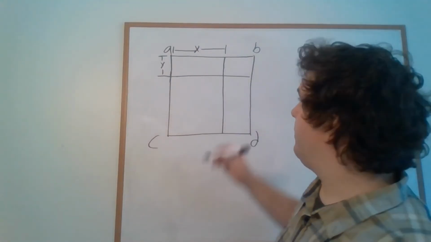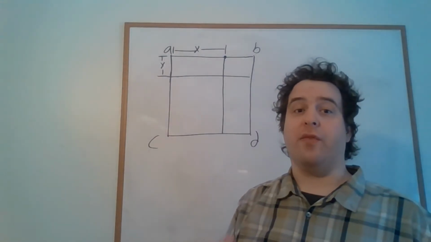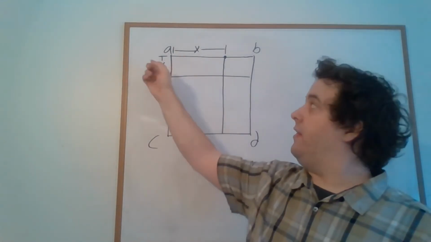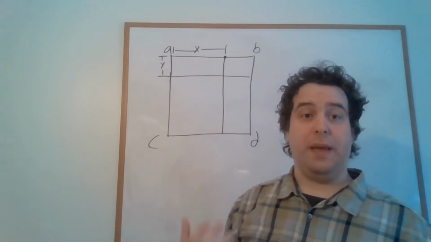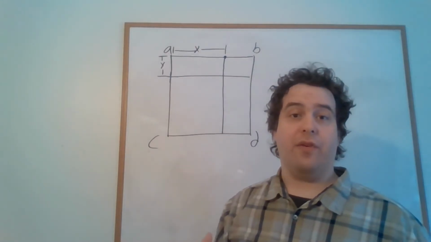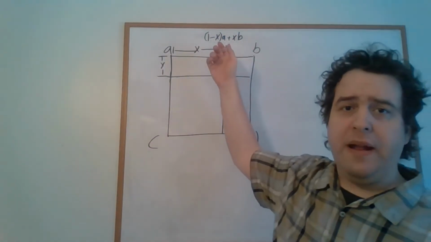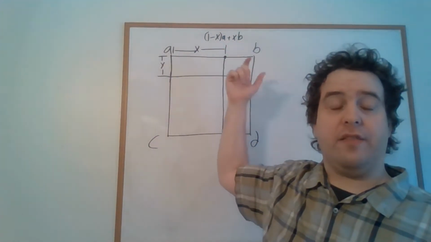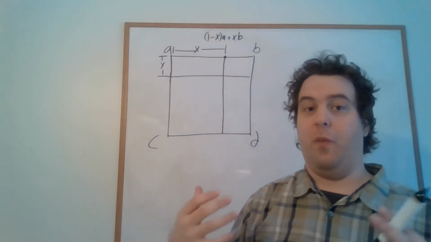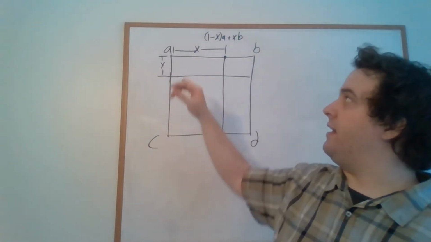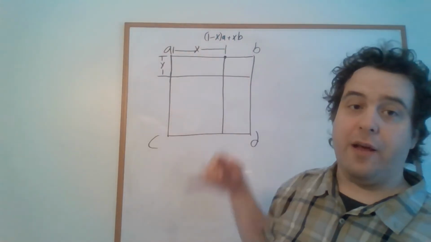So the alpha value for this pixel here is going to be a weighted average between the alpha values of this pixel and this pixel. That is some appropriate average of A and B. And in particular, that average is just going to be 1 minus x times A plus x times B. Notice that this is an affine combination. It is a weighted average between A and B. That is a linear combination where the coefficients add up to 1.